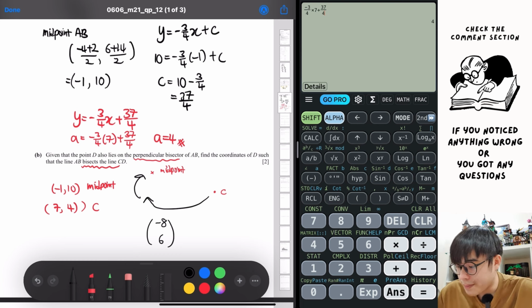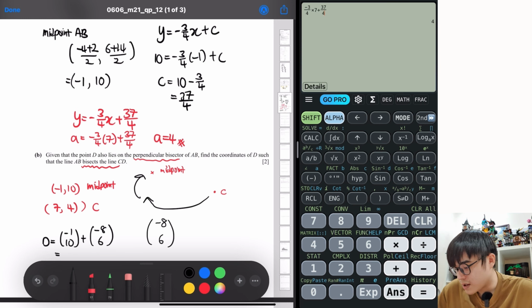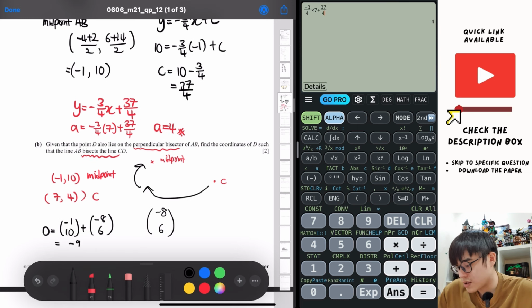Okay, so from the midpoint here, if I want to get to our point D, I'll be taking -1, 10 plus -8, 6. So the final answer of this will actually be -9 and 16, as the final answer.